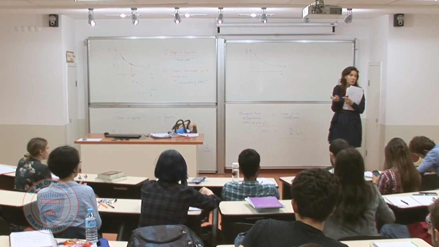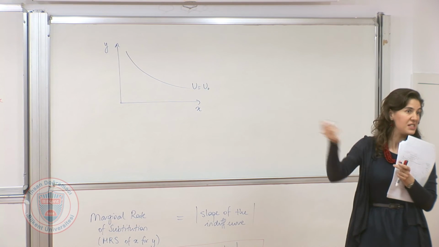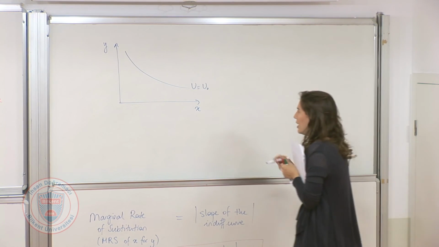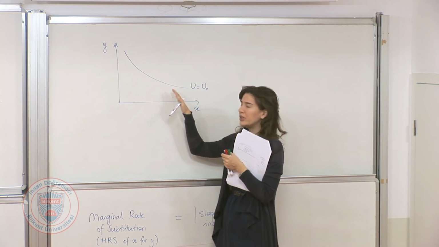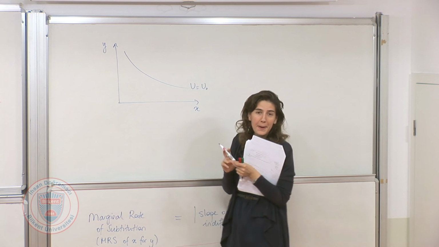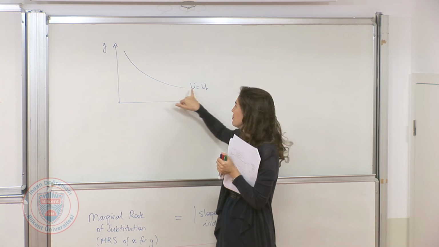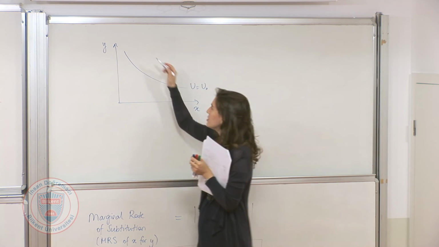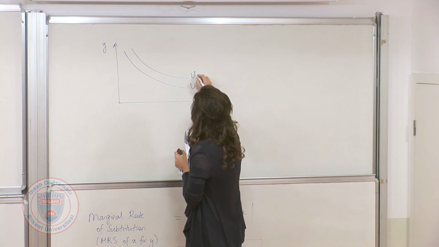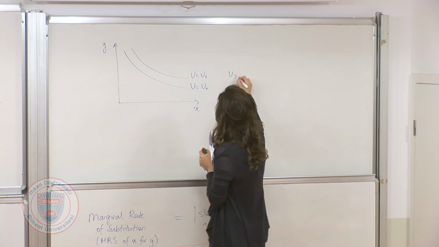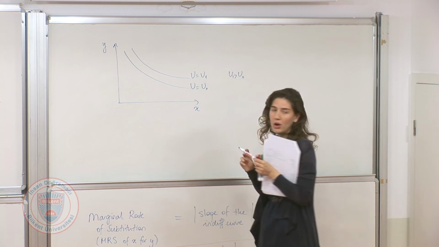And then let's say this is 5. There is also 6. So if the utility level is 6, where do you think that indifference curve lies? Here or here? If it's more, it should be above, right? So this is going to be u equals u1. Suppose u1 is greater than u0, right?